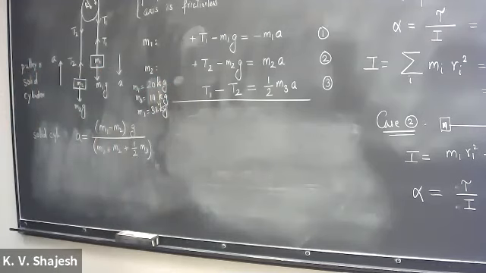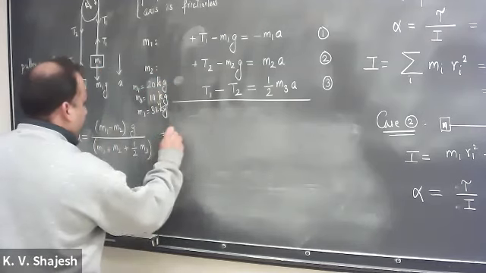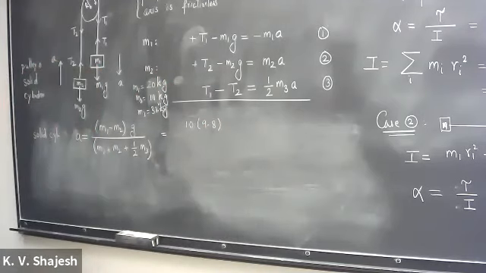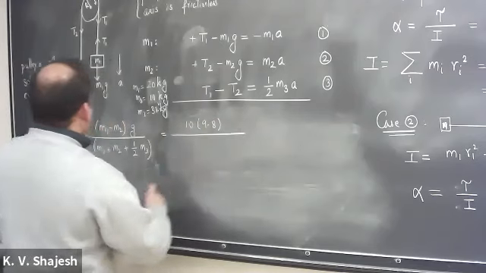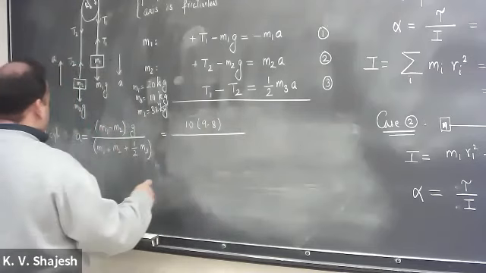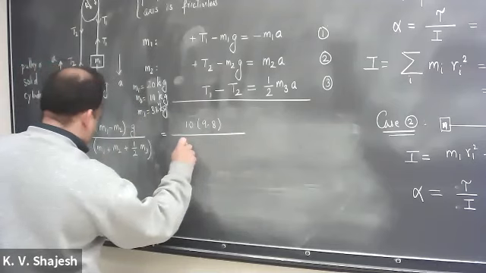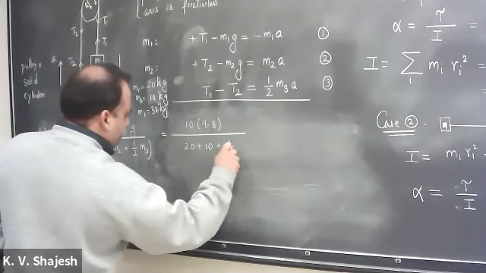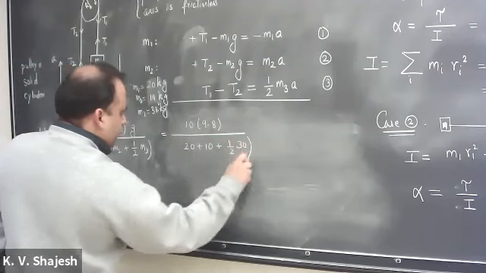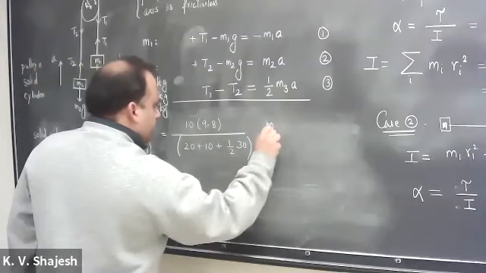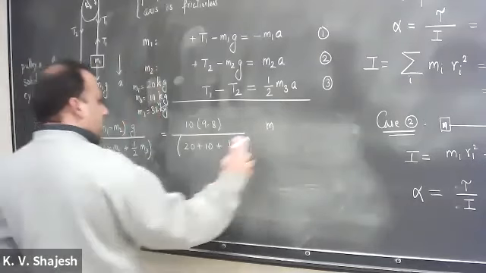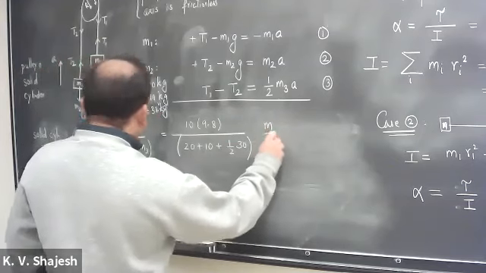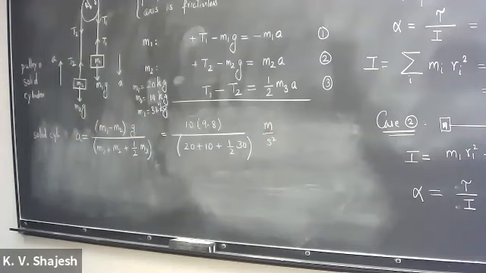So 20 minus 10, so that's 10 times 9.8, just to clarify so that you're not scared about the variables, and divided by M1 plus M2, so that's 20 plus 10 plus half of 30. That's how much linear acceleration A we have in meters per second square.